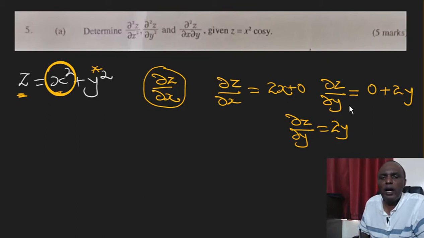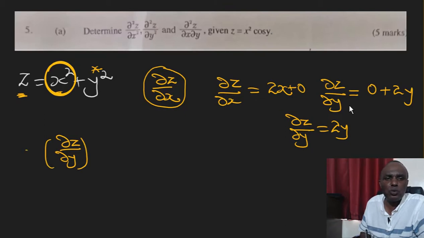And when you now do the second derivative, you differentiate ∂z over ∂y, the answer you get, with respect to y, that is ∂ over ∂y. That is, differentiate ∂z over ∂y with respect to y.